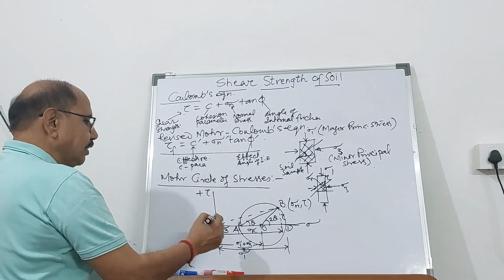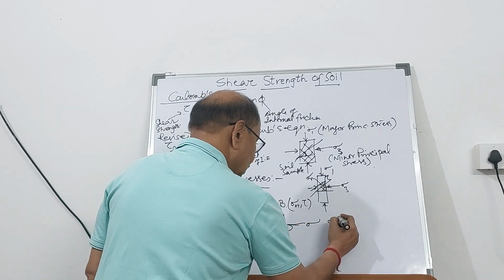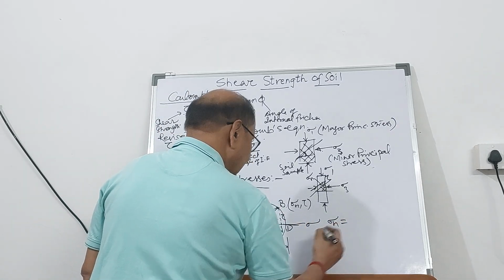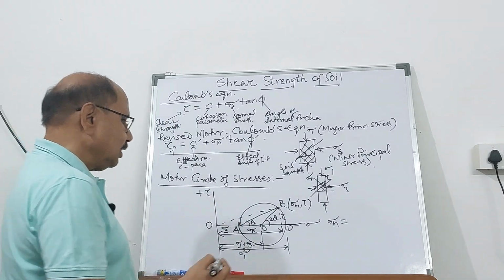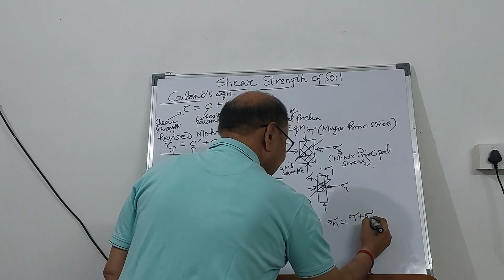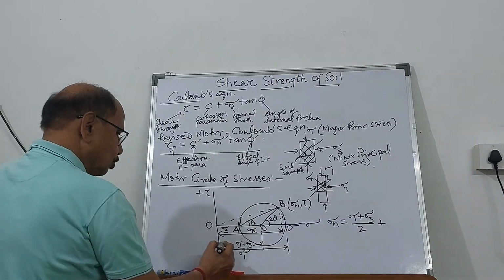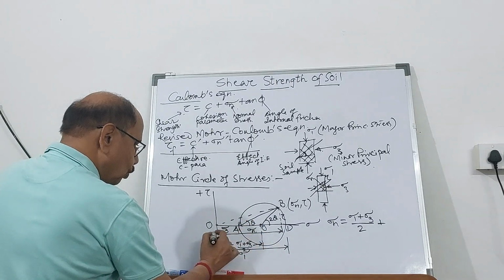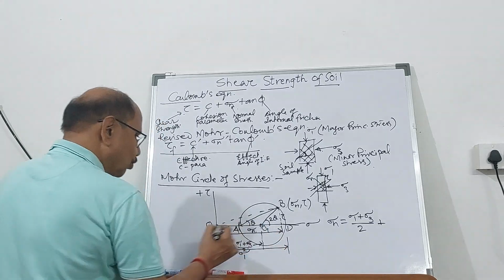Therefore, I can find out the equation for sigma n. So sigma n, simply from the geometry of this Mohr circle, is going to be sigma 1 plus sigma 3 divided by 2. This is going to be up to O2, and this may be called O1.